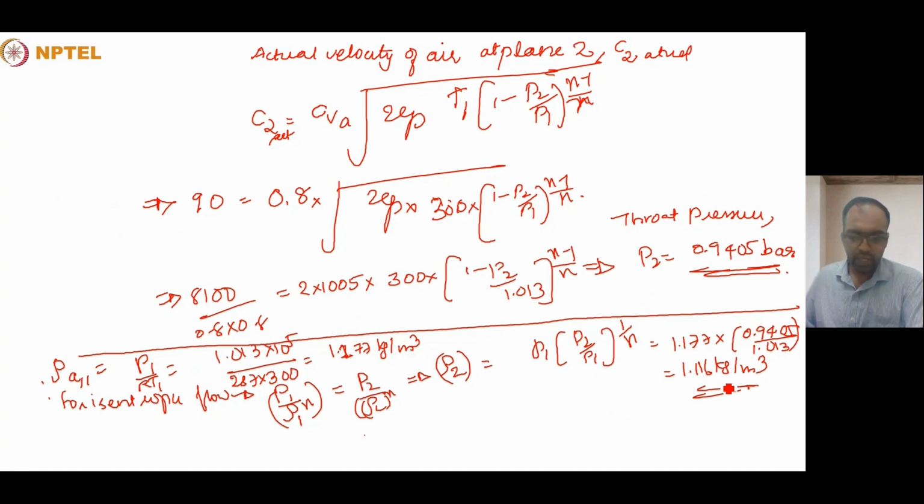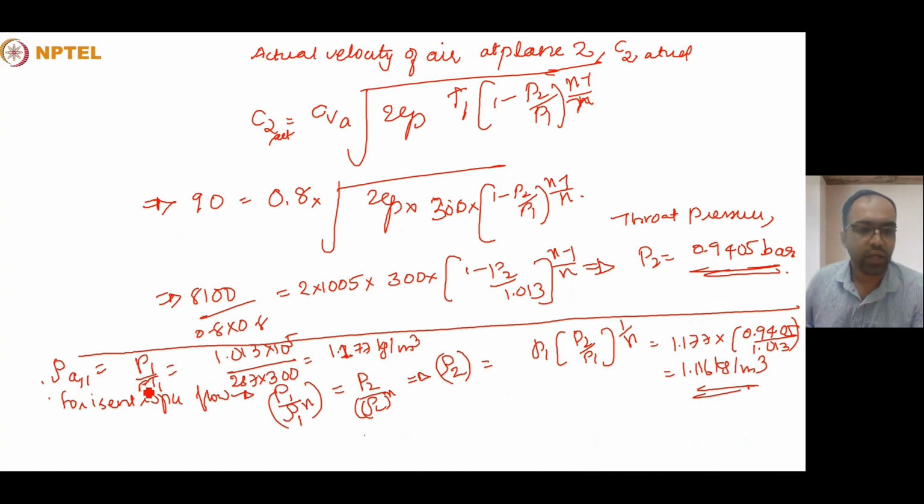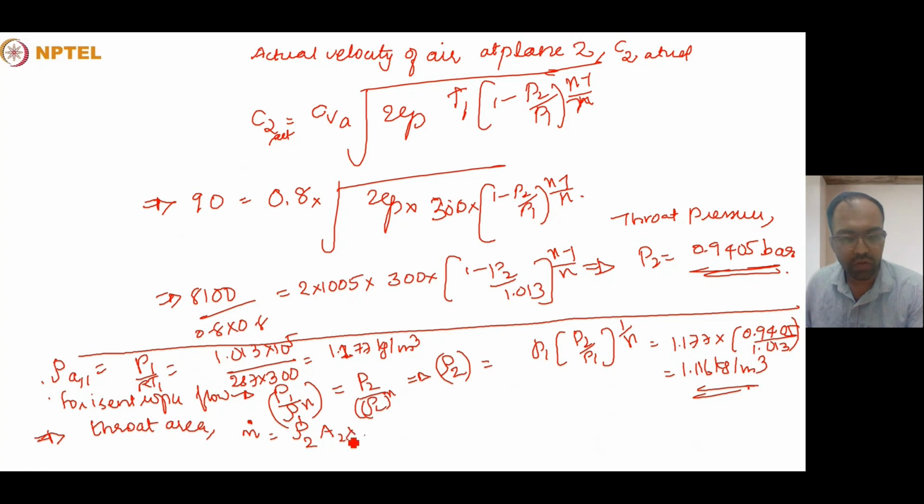In order to calculate the throat area, we apply the continuity equation. The mass flow rate of the air is given in the problem as 5 kg per minute. So at the throat area, mass flow rate is equal to rho 2 into A2 into C2.